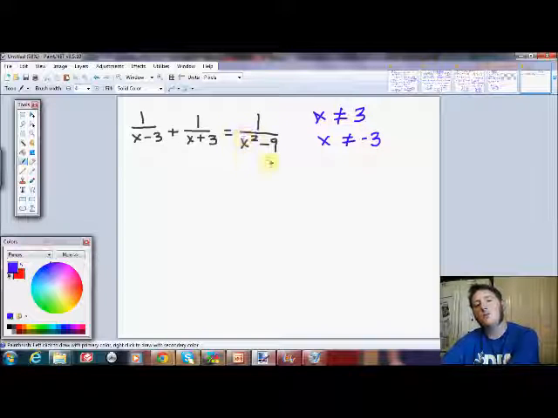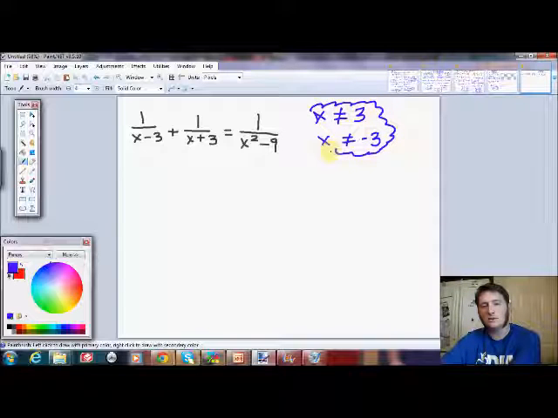And with a little thought, you can probably convince yourself that either 3 or negative 3 would make this denominator 0. And so these are the two values that, if we happen to get either of these as solutions, they won't actually work.